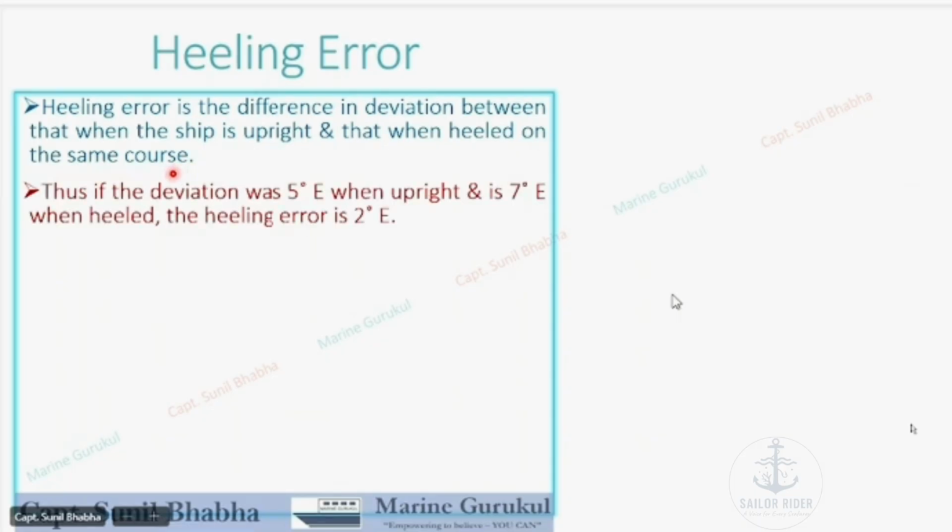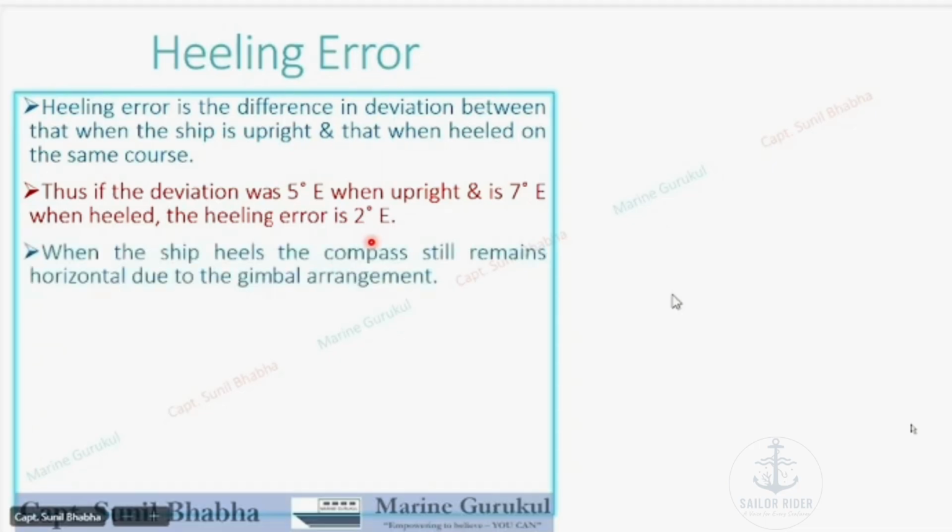To give you an example, if the deviation is observed to be 5 degrees east when the ship is upright and the deviation is 7 degrees east when the ship is heeled heading on the same course, the difference between these two, that is 2 degrees east, has been caused because of the heeling of the ship and is known as the heeling error.